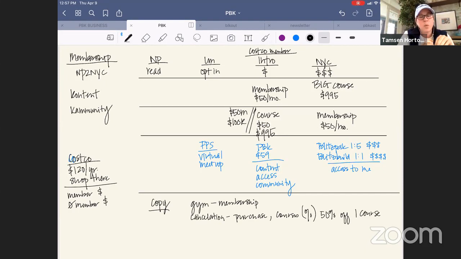But yes, you want to make sure that you're very clear on what your membership is. Is it gym membership access, or the magazine subscription model, which some people fight tooth and nail trying to create? Unless you're a founder, it will be impossible because you would need unlimited products.